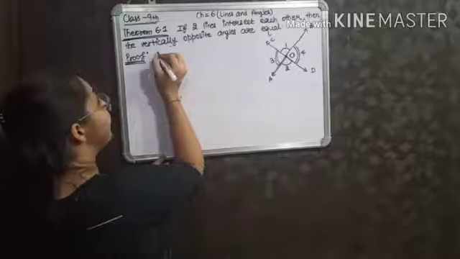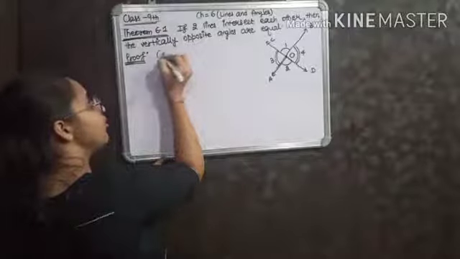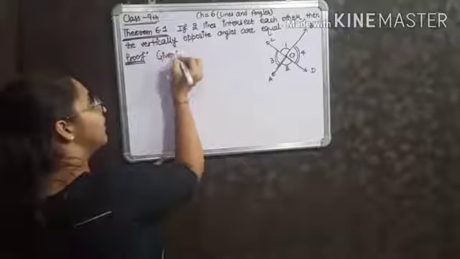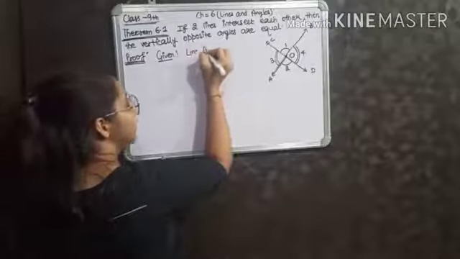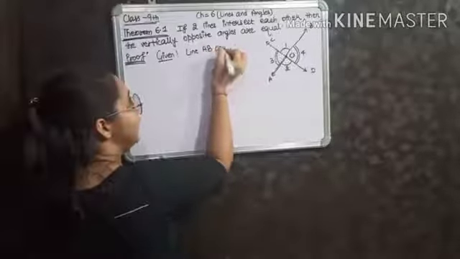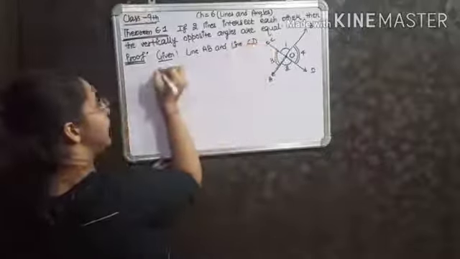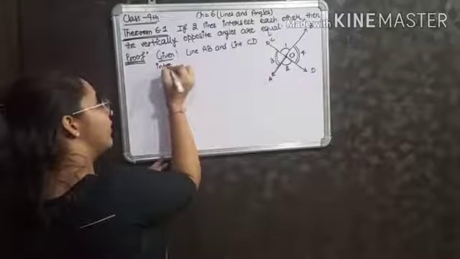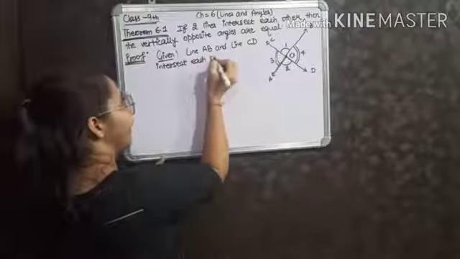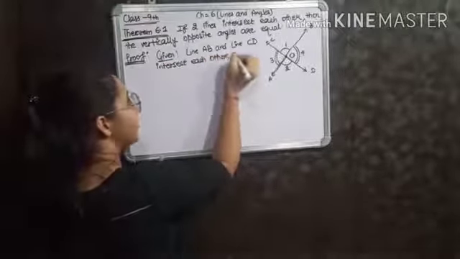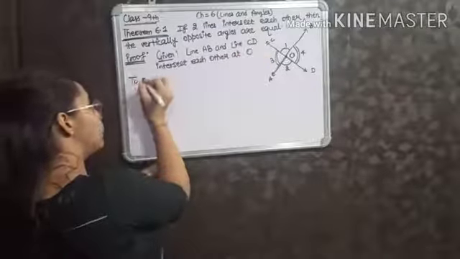First of all, to prove this, we write given. Given is line AB and line CD intersect each other at O. Now what do we have to prove?